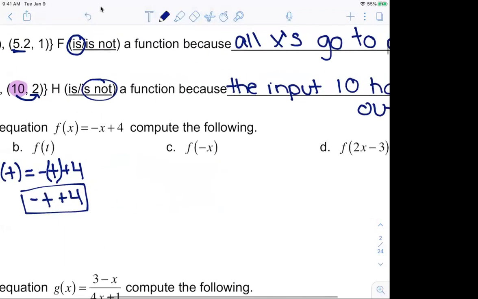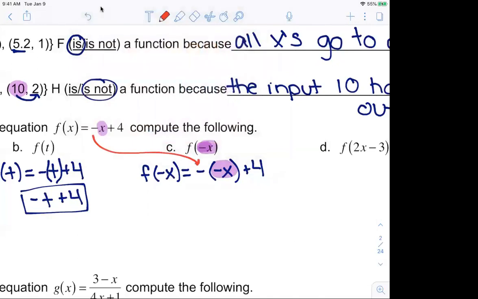And sometimes you're going to get an expression when you plug in a variable. Next one, we're plugging in -x. So f of -x, you're replacing x with -x. Notice that there was already a negative sign there, so you have to keep that negative sign in the front. That extra negative sign does not just disappear.